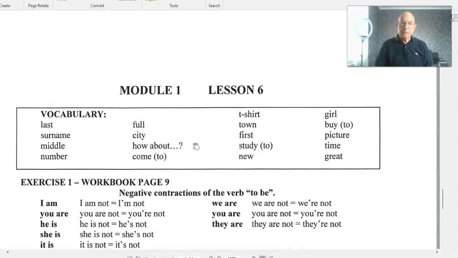It's not as common to use how in this form, how about, as it is in other types of questions. But it is frequently used when you're setting up a date or something, then how about would be a common question as you're asking, would this day be okay?